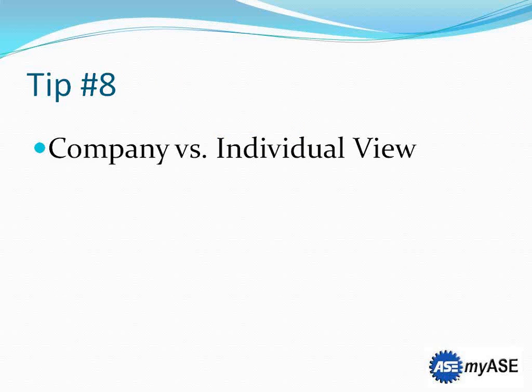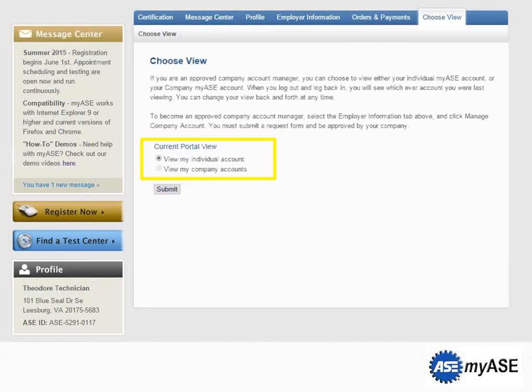Okay, so we're going to talk about views for just a second, company versus individual view. Now, once you've been granted company account manager status, you have a view option in your myASE account that's different from just your standard individual view.